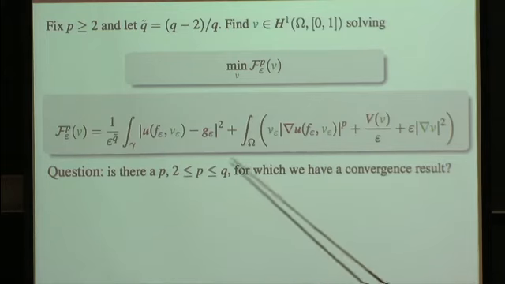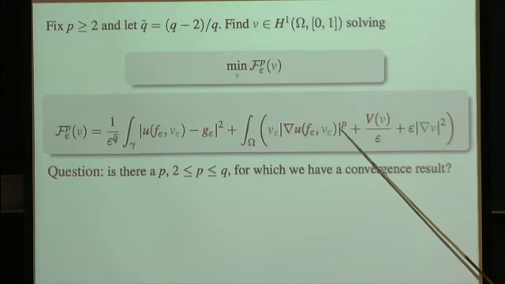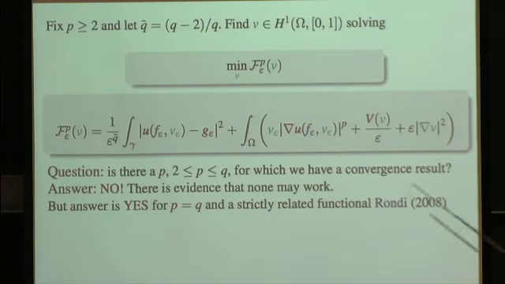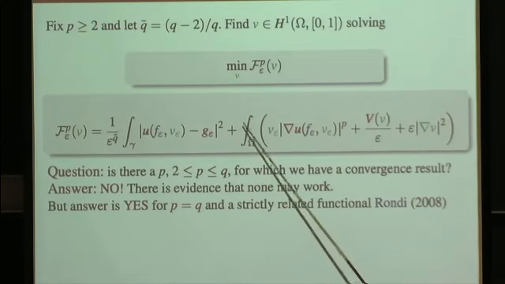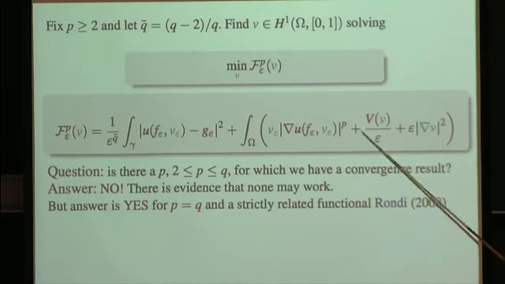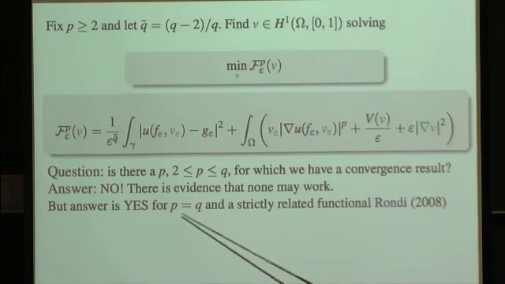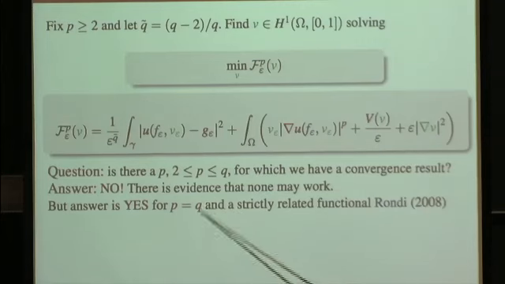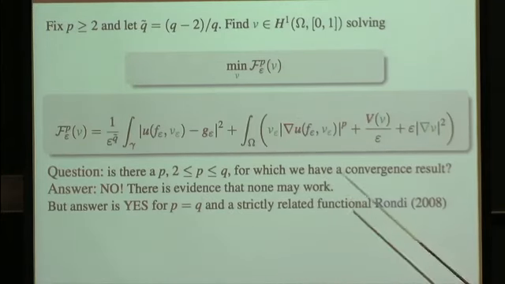But unfortunately, we don't have a convergence result, and I think that you cannot have a convergence result for this particular problem, but there is a strictly related problem when you choose P equal to Q where we do have a convergence result.